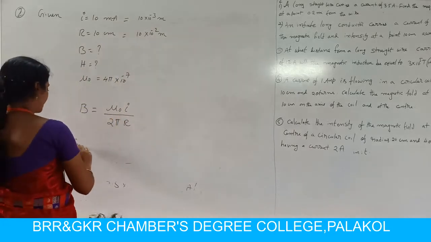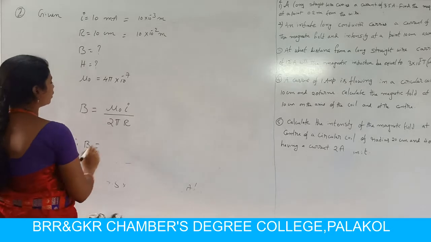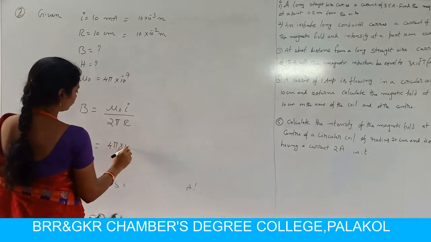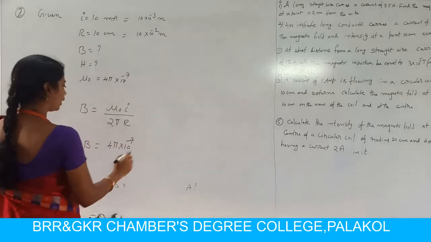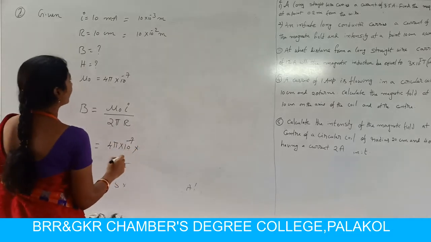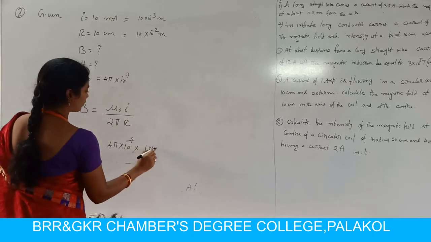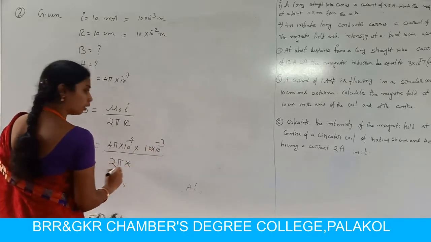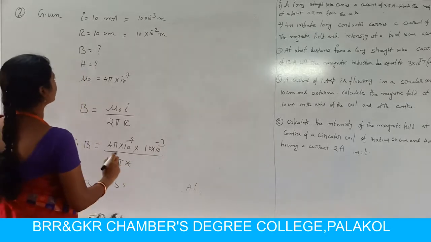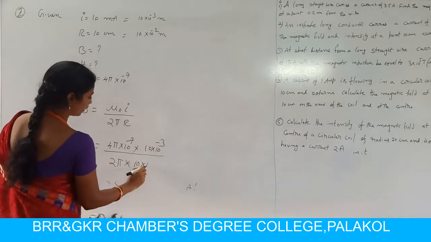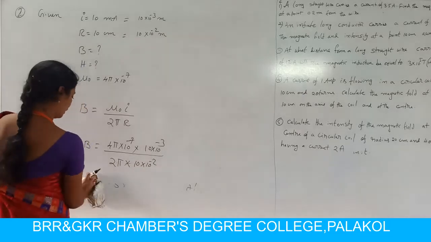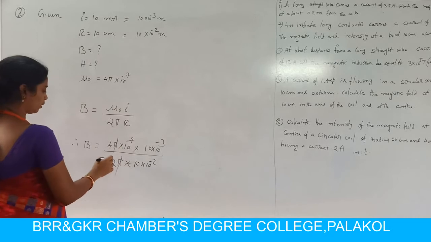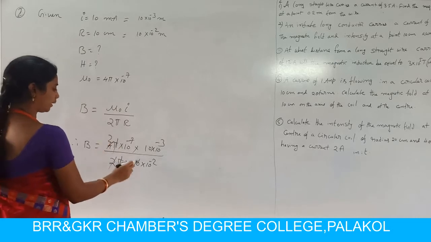Here by substituting these values in this expression, B equal to mu naught value, which is 4 pi into 10 to the power of minus 7, and I value, which is 10 into 10 power minus 3, over 2 pi into R value, which is 10 into 10 power minus 2. Cancelling terms in this equation, the pi cancels, 2 times, and 10.